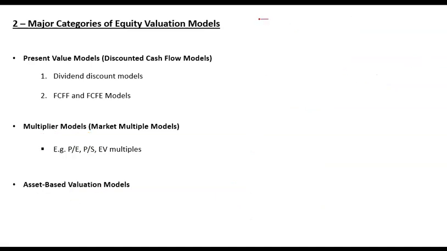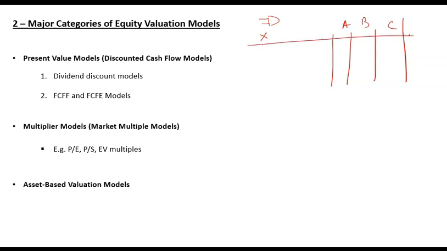One of the methods that I advise is to take out the competitors. Let's say this is company X which I am valuing. This is competitor A, competitor B, and competitor C. Find out the historical multiples for X, let's say the past 1 year, past 2 year, or past 5 year.